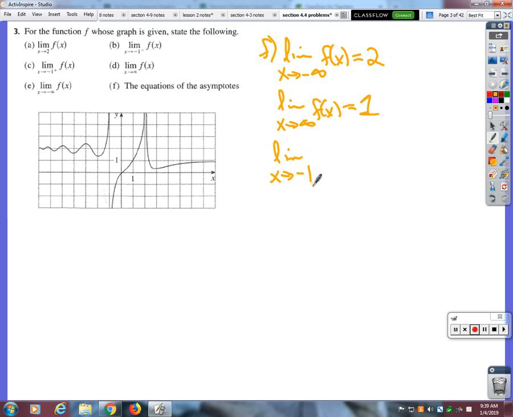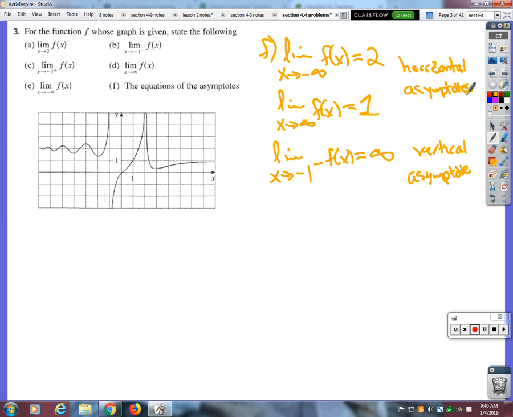From the left. No, from the negative side, from the left. So that equals infinity. So that means this is a vertical asymptote. These two, by the way, were horizontal asymptotes.